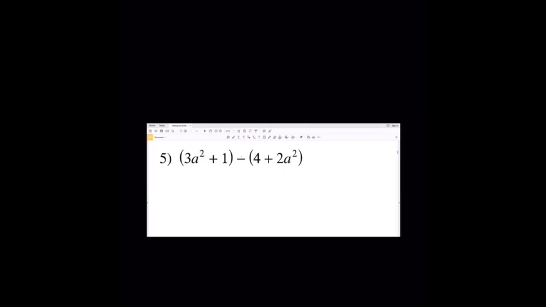And number 5, again, I'm going to add a negative and then distribute that. So it's going to be 3a squared plus 1 plus negative 4 plus negative 2a squared. Now let's combine. I have 3a squared and negative 2a squared, and I have two constants, 1 and a negative 4.